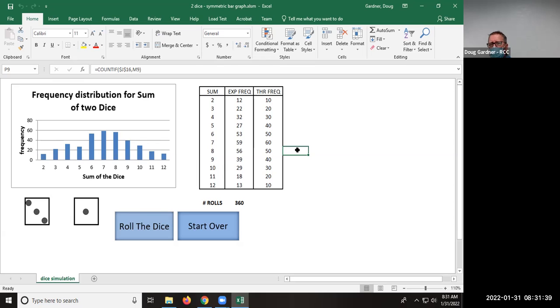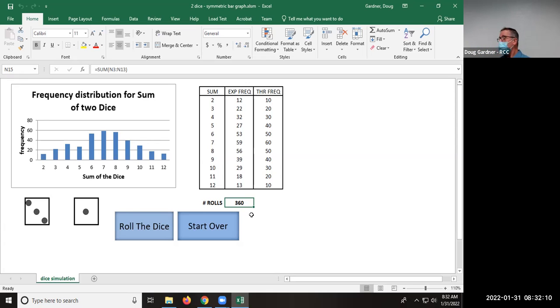6 out of 36. Now, do that on your calculator. Take 6 out of 36. What decimal does that give you? Yeah, it should be 0.16, like 16%. And just so you understand how I got this, since that's the percentage, that's what you'd expect, that's the percent chance of getting a 7. Now, since we rolled 360 times, this is just like the test question I went over a second ago.